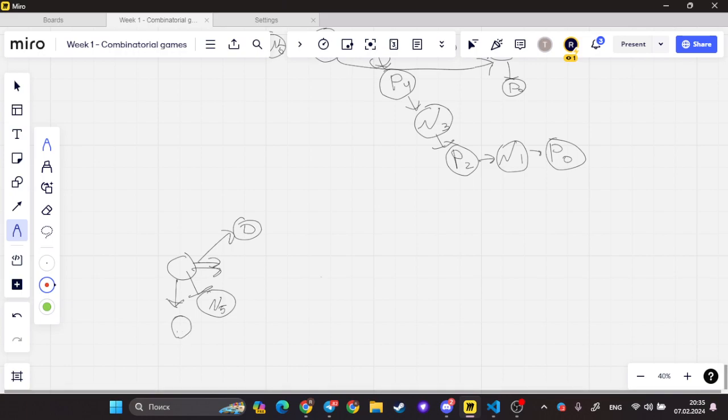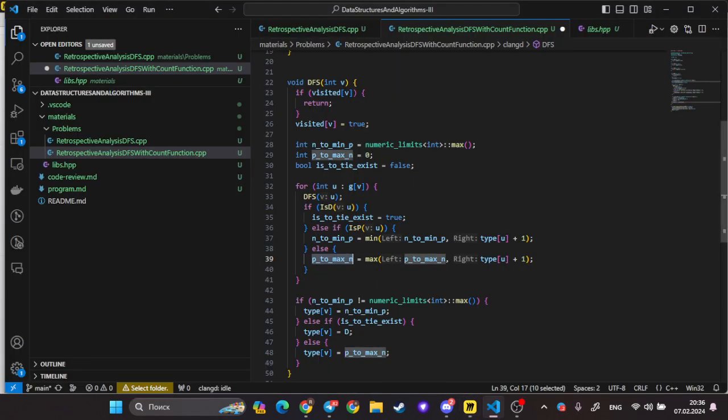Okay, because here it's the second player, and what does the second player want? He wants to maximize the count of steps, and he maximizes it.